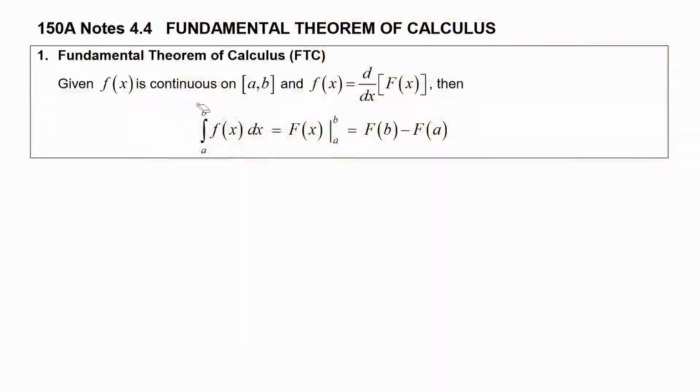Given f of x is continuous on a closed interval a to b, and little f of x is the derivative with respect to x of capital F of x, or another way of saying that is capital F of x is an antiderivative of little f of x, then the integral from a to b of f of x dx is equal to capital F of x, the antiderivative, evaluated from a to b.